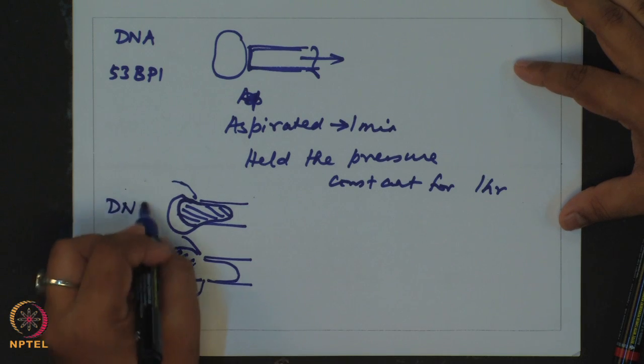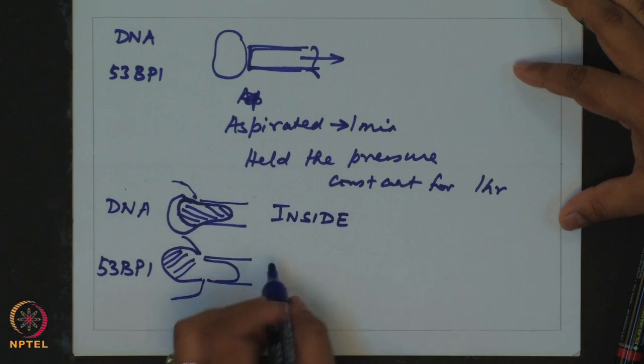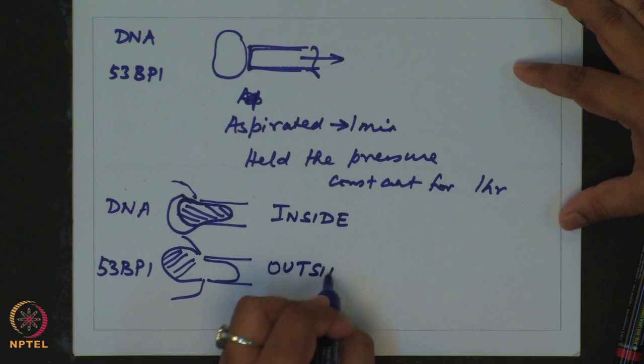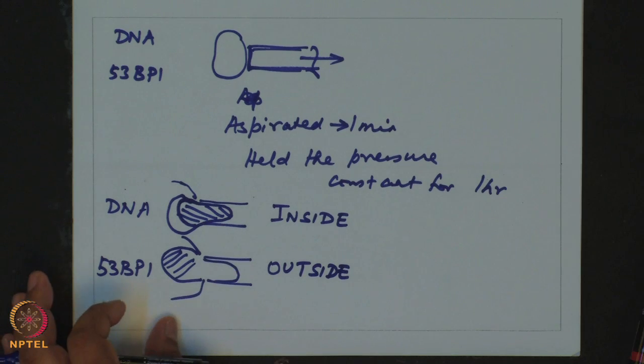So DNA was inside the micropipette, but 53BP1 was outside. Thus, this again proves that there is a segregation.